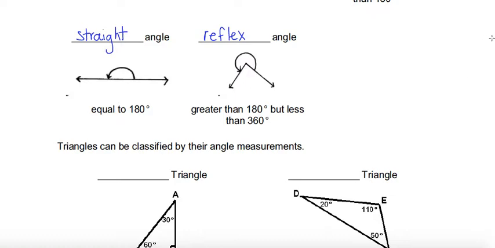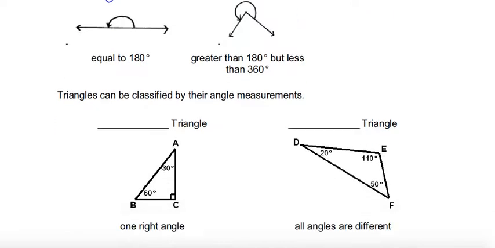So now that you have these angle definitions, we're going to take a look at some triangles. Within this angle lesson and unit, we're not only going to look at definitions of angles and how to find missing angles, but we're also going to look at angles within polygons, whether those are triangles or quadrilaterals or any other multi-sided shape.